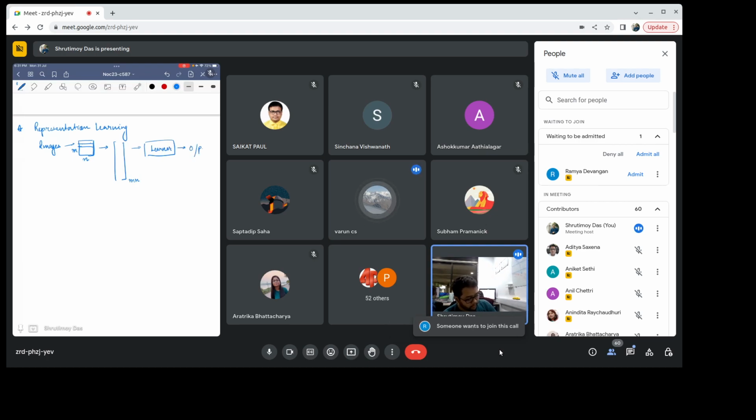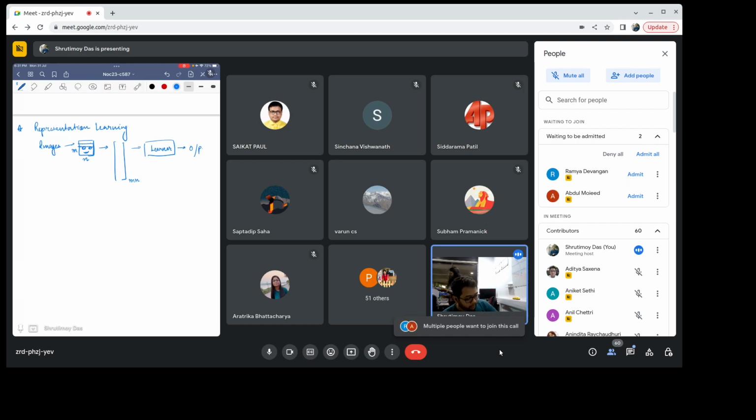However, in images, suppose it is a cat, it will have some eyes here, some eyes here and some mouth here. When we transform this cat from this shape to this shape, we lose information, like the two eyes should be at the same level, the mouth should be at the same level.